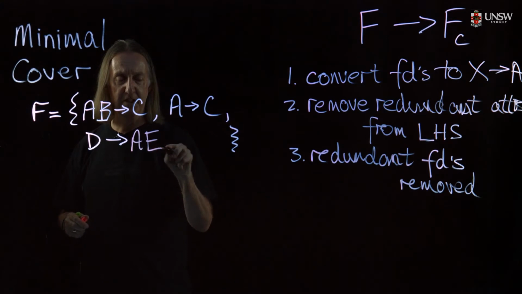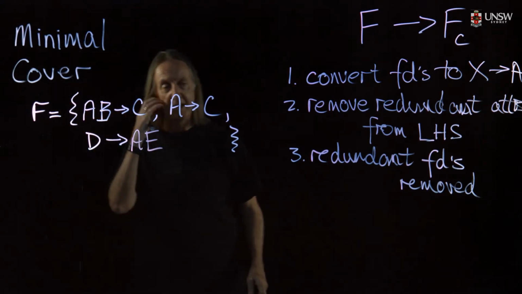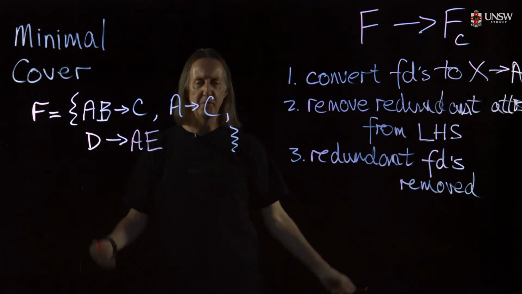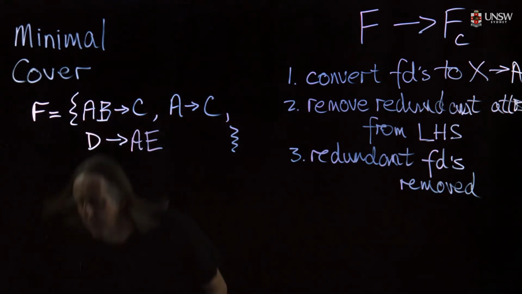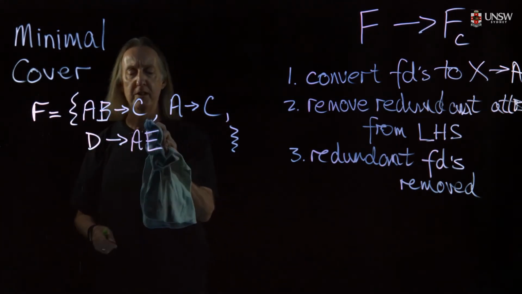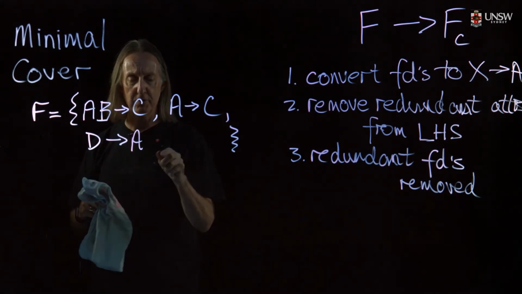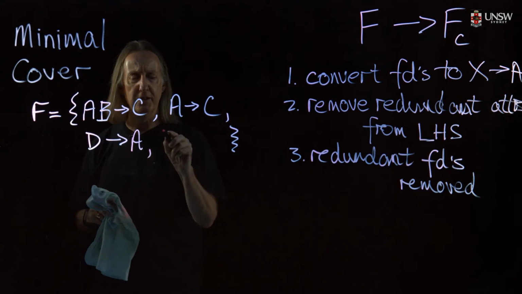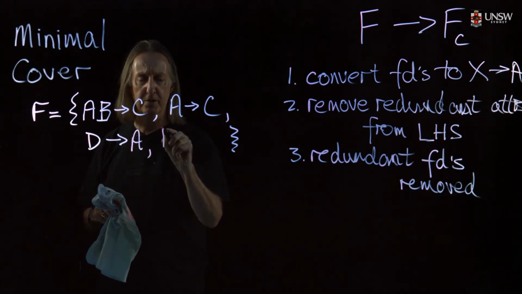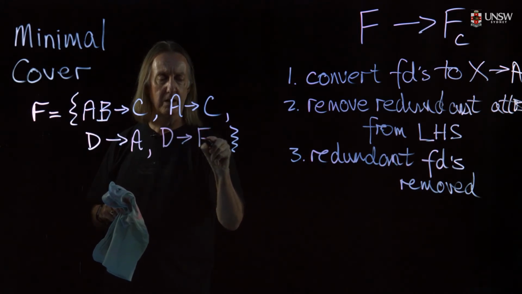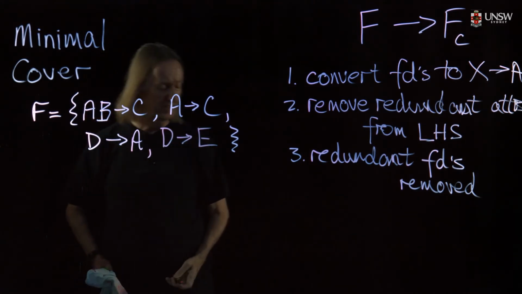The original set. Okay, so this isn't in a form that satisfies condition number 1, but we can easily put it into that form by simply splitting up that functional dependency. And we saw why this pair of functional dependencies was equivalent to what I originally had.